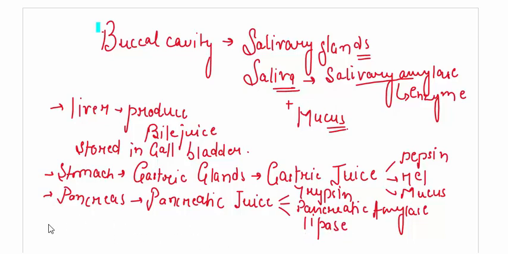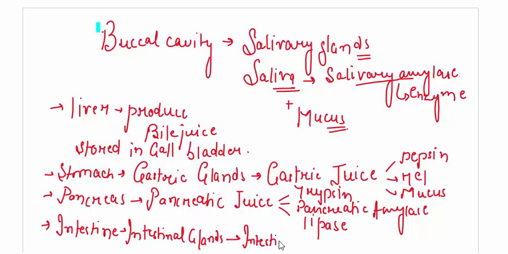After this we have to consider the intestinal glands. Intestinal glands are present in the intestine, and they secrete the intestinal juice. Intestinal juice has the necessary enzymes for the completion of the digestive process.